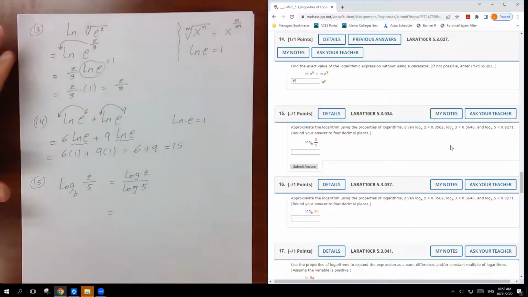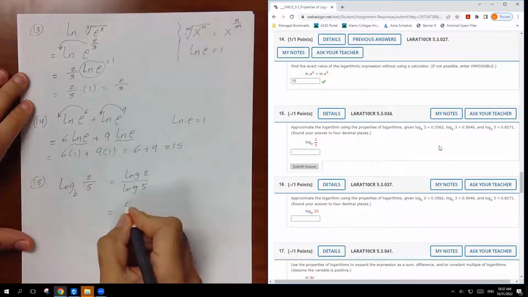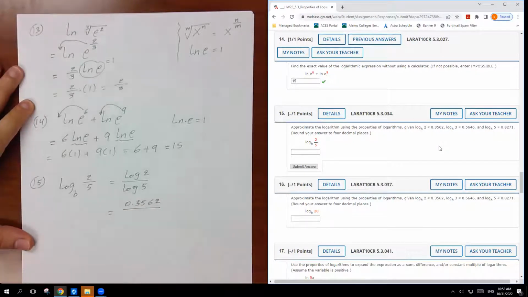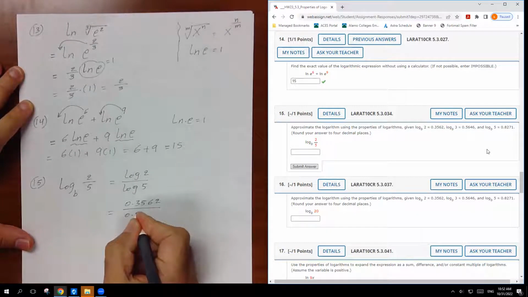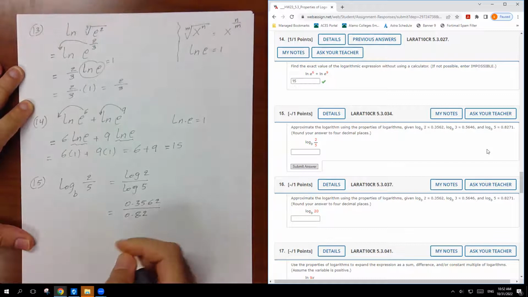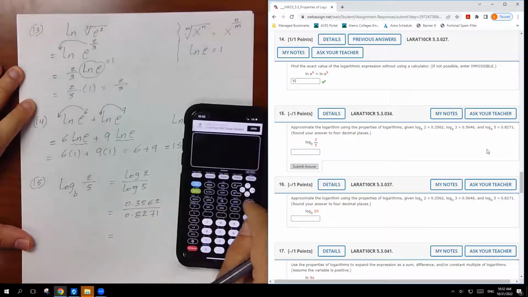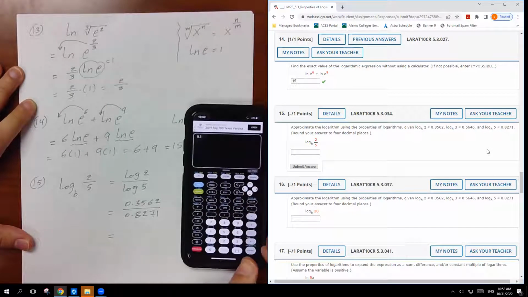So this one is going to be equal. Log to the base 2 equals 0.3562. So 0.3562 divided by log to the base 5, which is going to be 0.8271. Now, for our result, we have to divide these two numbers. So it's going to be 0.3562 divided by 0.8271.